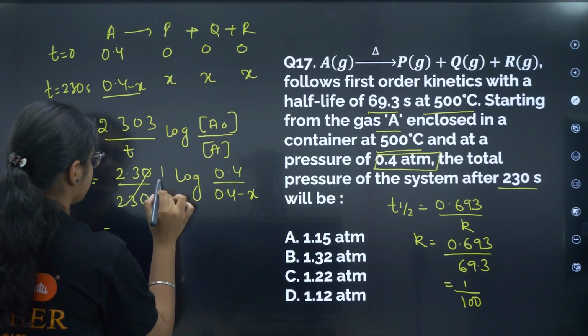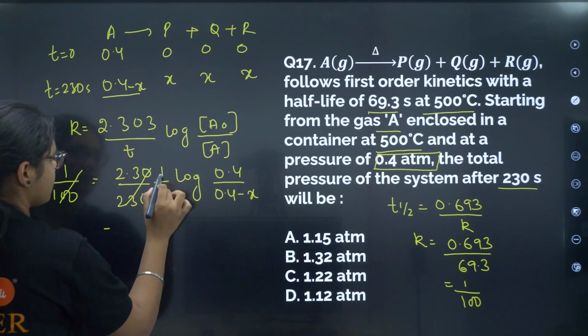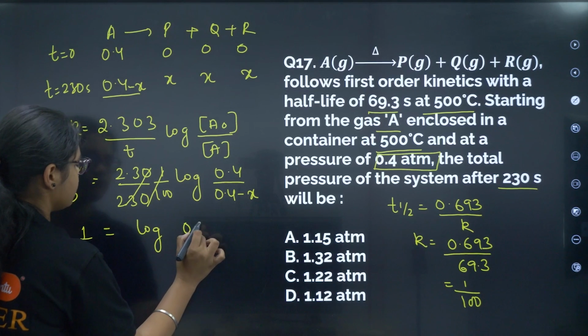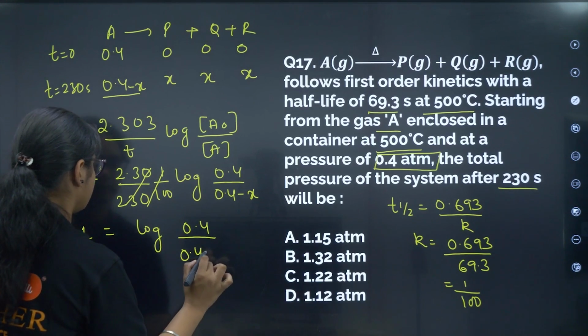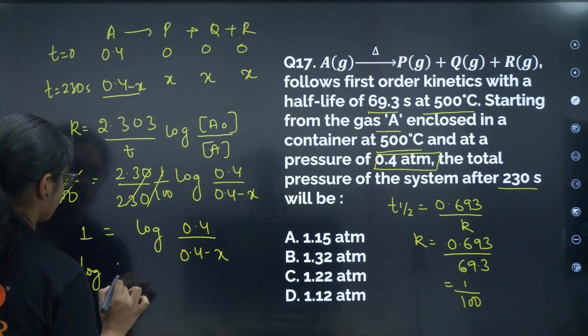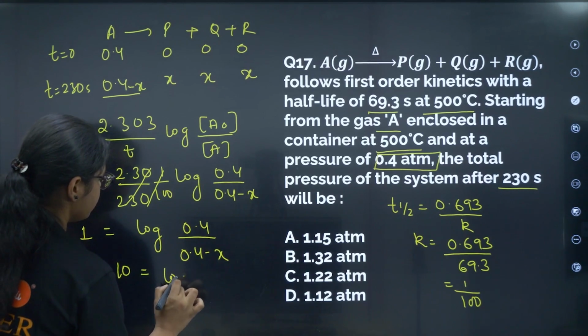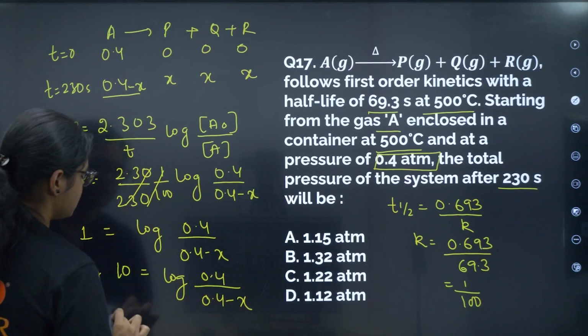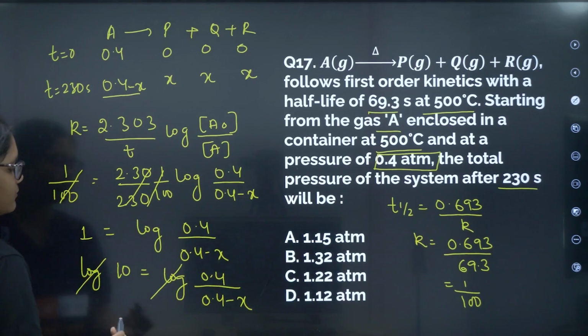So if we solve this part, I'll get this one as 1 by 100 again. So 1 by 100 and 1 by 100 is cancelled. So 1 is equal to log of 0.4 by 0.4 minus x. 1 can be written as log 10. Yes or no? 1 can be log 10. So this log can be cancelled from both sides.